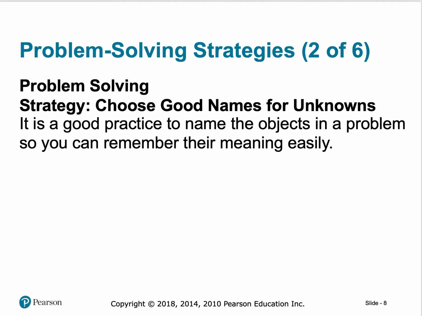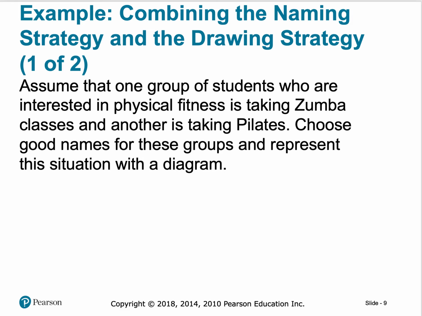The other thing is to choose a good name for what you're looking for. If you don't know what you're looking for, it causes problems. So here's an example. If I assume I have a group of students who are interested in taking Zumba, being physically fit, and another group taking Pilates, I would want to choose names that make sense for representing these groups of people in my picture.